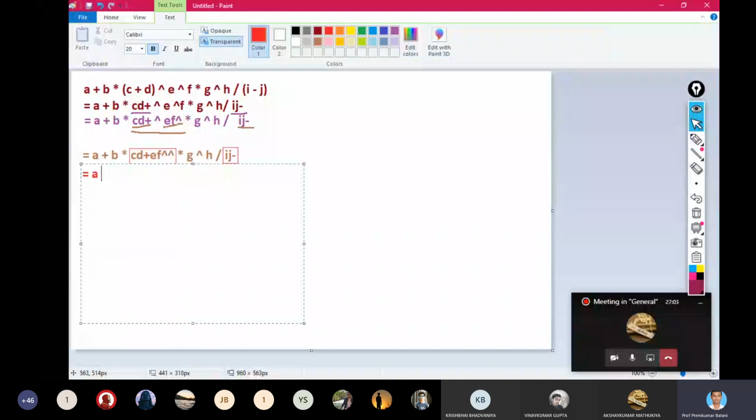Equal to A plus B multiply by CD plus EF raised to, multiply by GH raised to, divided by IJ and minus.